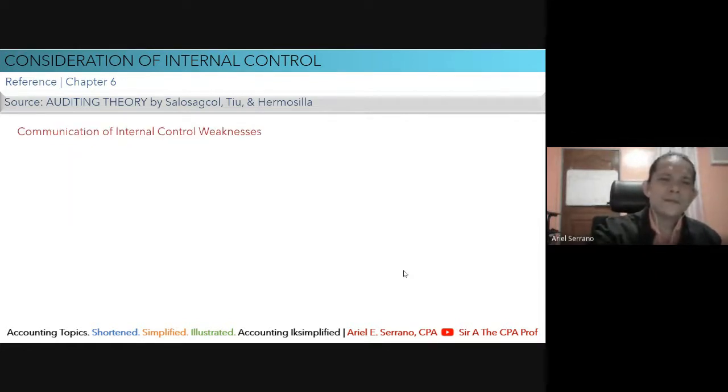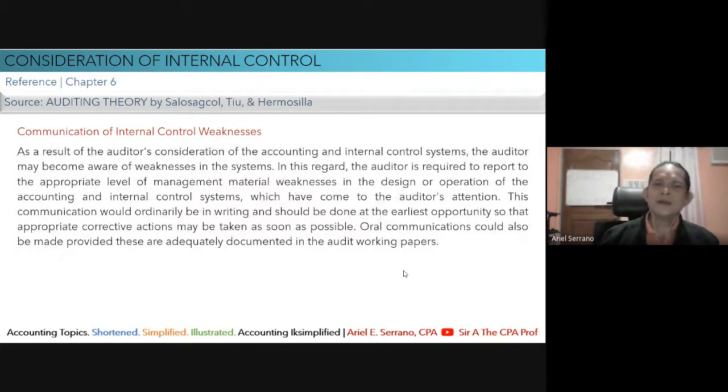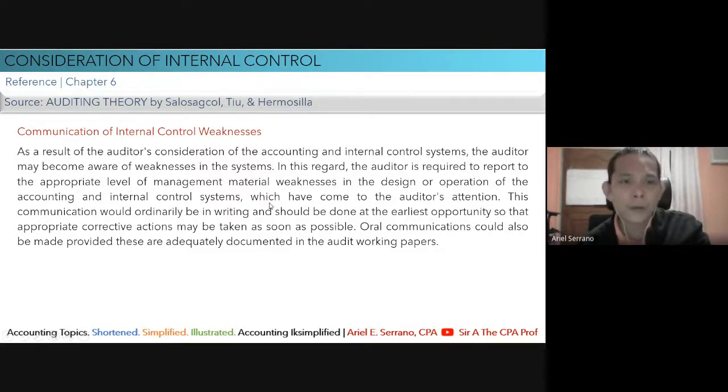Okay? Communication of internal control weaknesses, because as a result of our consideration of our understanding of the internal control system, the auditor may become aware of weaknesses in the systems. In this regard, the auditor is required to report to the appropriate level of management material weaknesses in the design or operation.